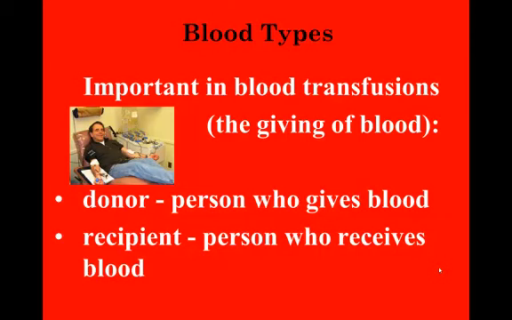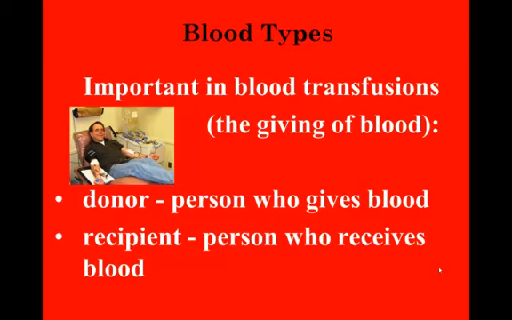But the first thing we need to know is, why is it important to know your blood type? One very important reason is blood transfusions. In a blood transfusion, there is a person who is giving their blood, and a person who is receiving that blood. The donor is the person who gives the blood, and that's pretty easy: when you donate something, you give.